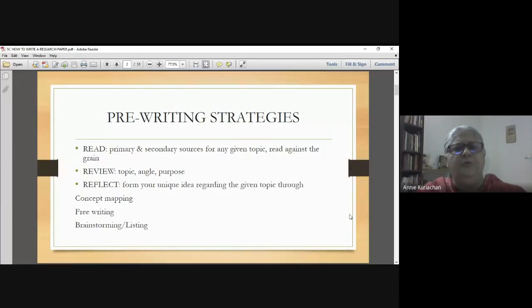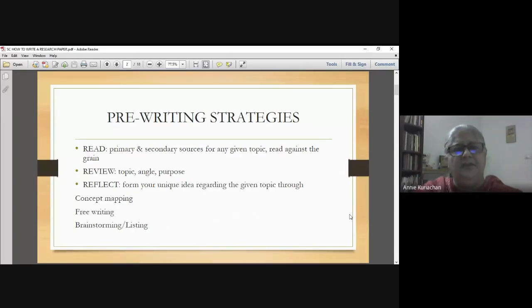Now, what do we do? Do we read only those scholarly journals, books or articles that argue in favor of that particular topic? Definitely not. Read something that goes against the grain of that topic, that critiques it or objectively looks at the shortcomings of the topic or the writing about it.